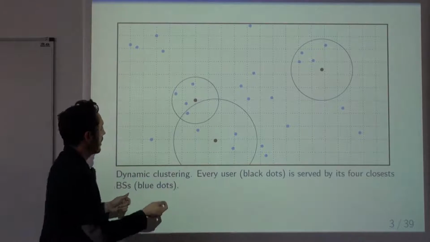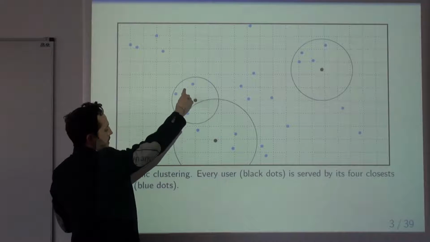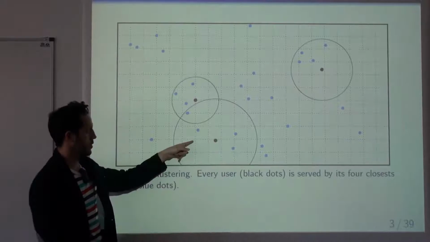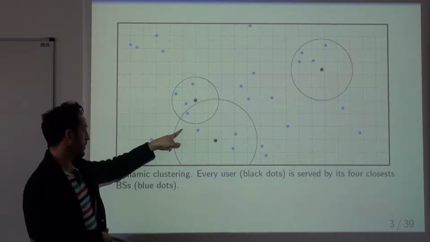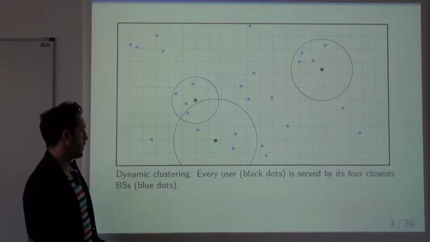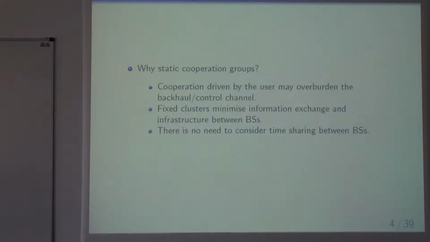The problem here is that this base station must cooperate with these 3 base stations and with these 3 other base stations. And this generates a problem because it cannot do it at the same time, so we'll have a problem of time sharing. And we want to avoid this kind of stuff.